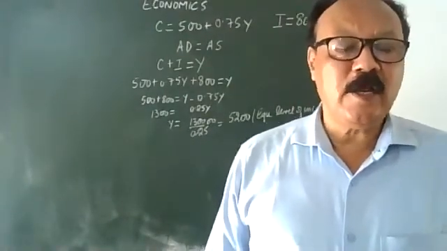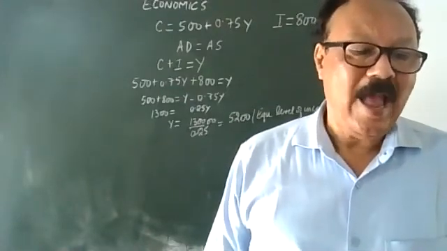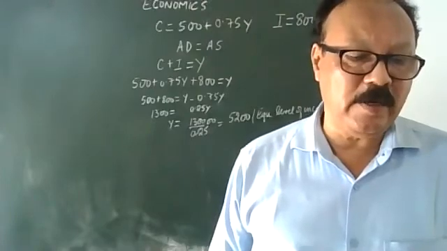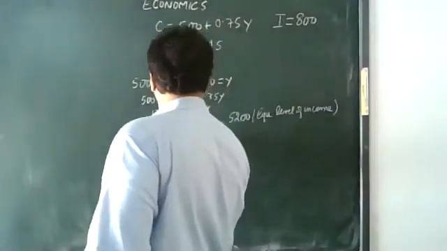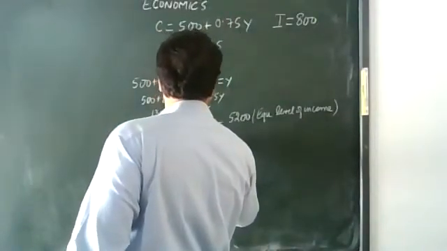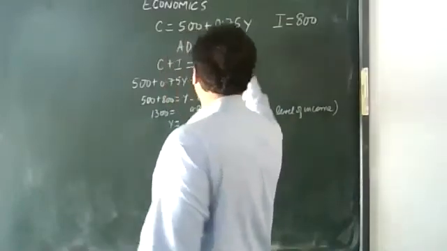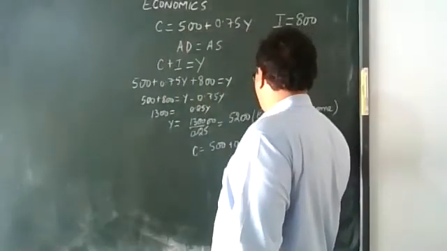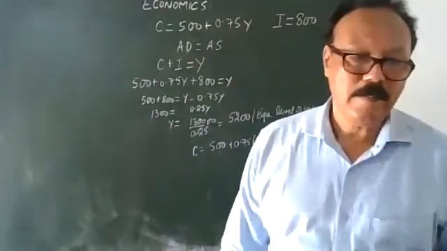What is the second question asked of you? What is the consumption expenditure at equilibrium level of income? So C is equal to 500 plus 0.75 into the level of income, 5200.